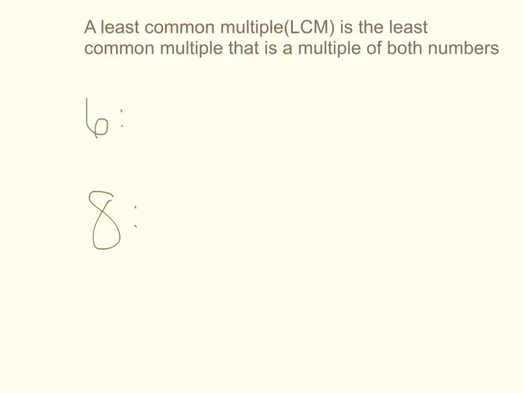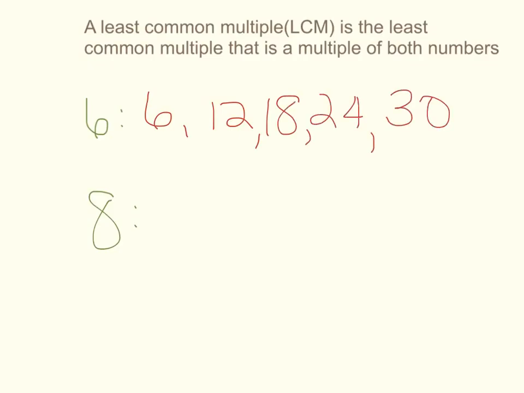A least common multiple, or LCM, is the least common multiple that is a multiple of both numbers. So if we list the multiples of 6, we have 6, 12, 18, 24, 30, 36, and so on.